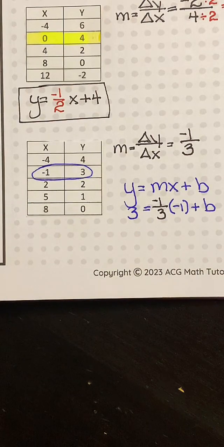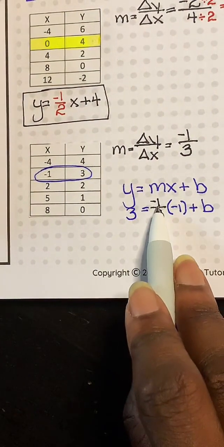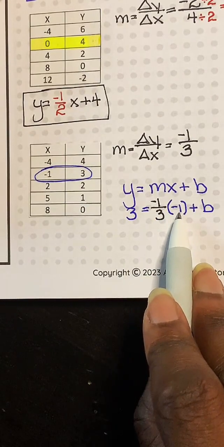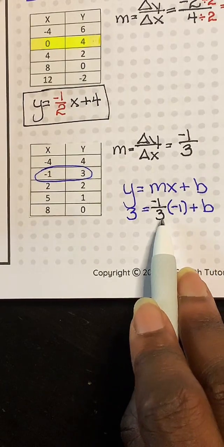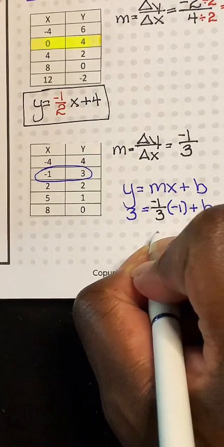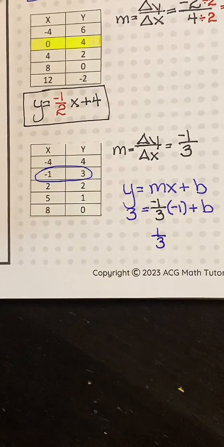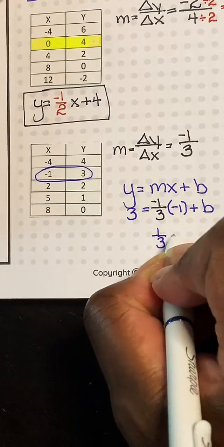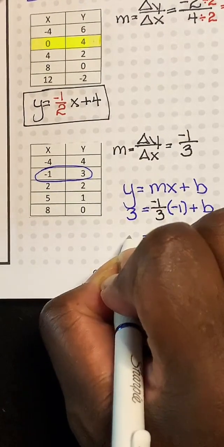Okay? All right. So now, if I multiply a negative times a negative, that's going to give me a positive. So now 1/3 times 1, that will give me 1/3. I'm going to bring down the plus b. I'm going to bring down the equals 3.